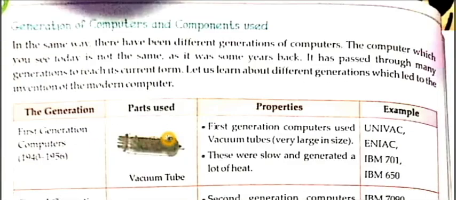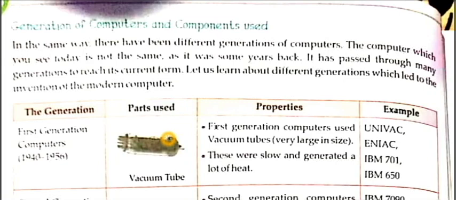After that, I'm going to talk about the generations of computers and the components used in their periods. In the same way, there have been different generations of computers. Maybe you don't have an idea about it. The first generation computer was the size of a room. 1940 to 1956 is the time period of the first generation of computers, where we used vacuum tubes.